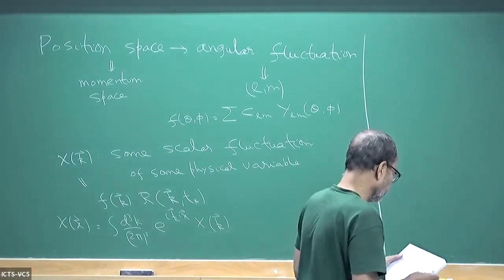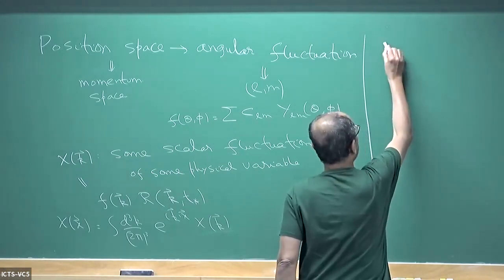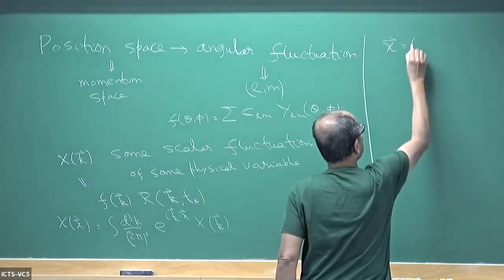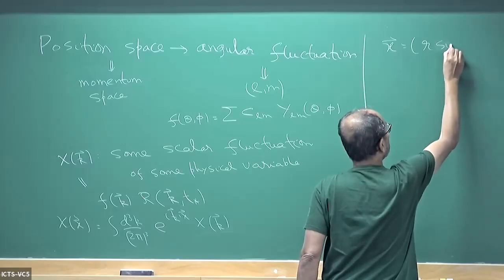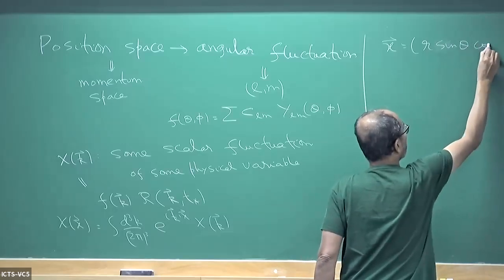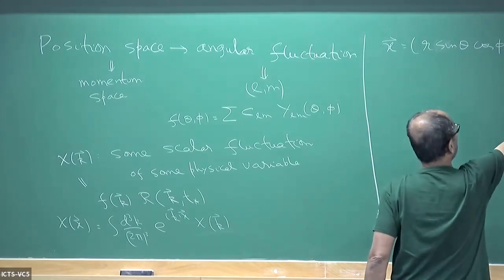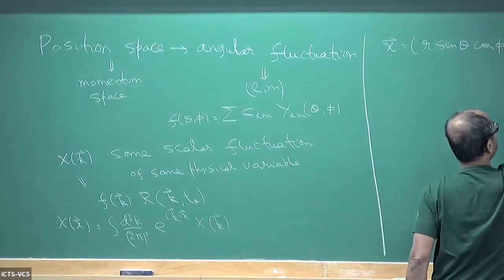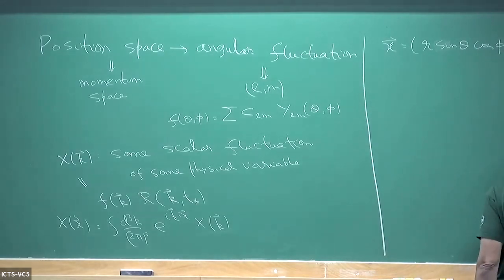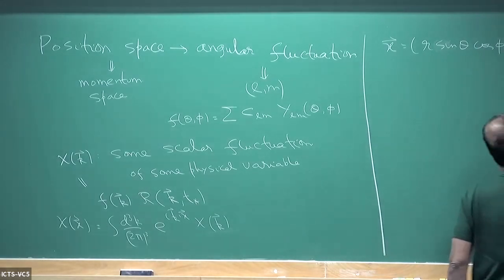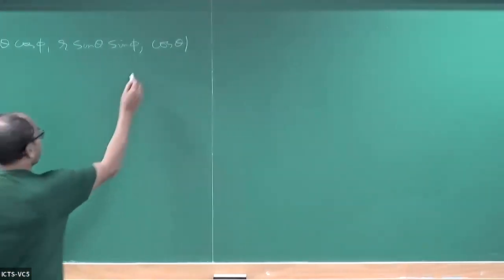So let's suppose that we write x as r sin theta cos phi, r sin theta sin phi, and r cos theta.